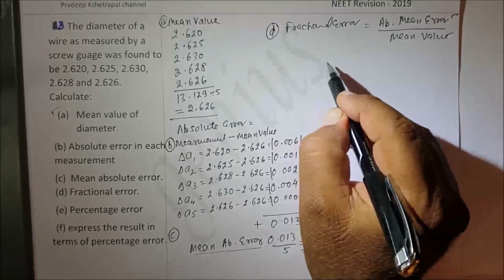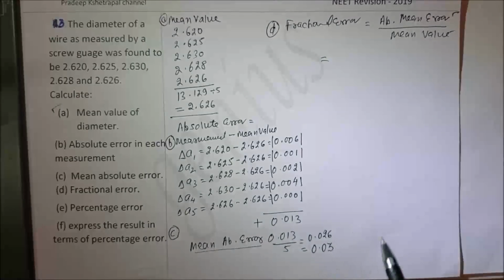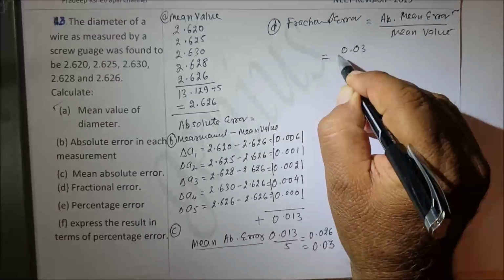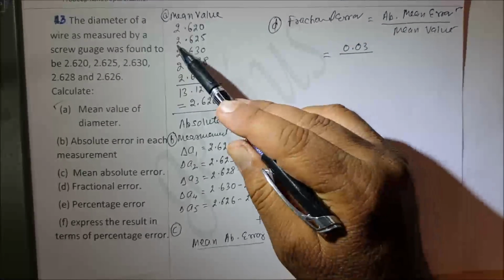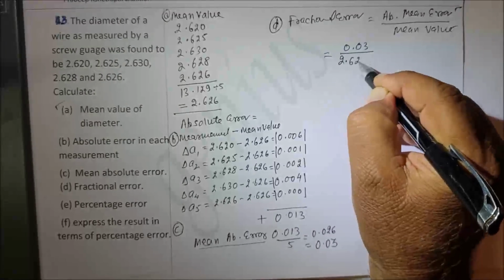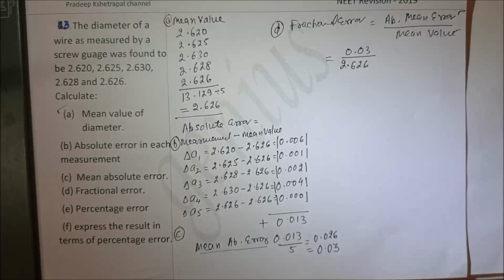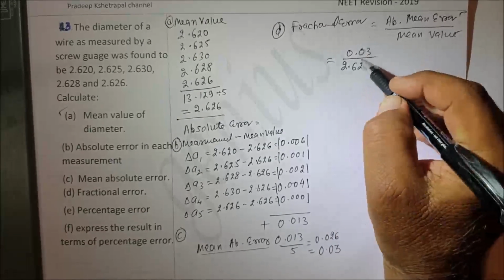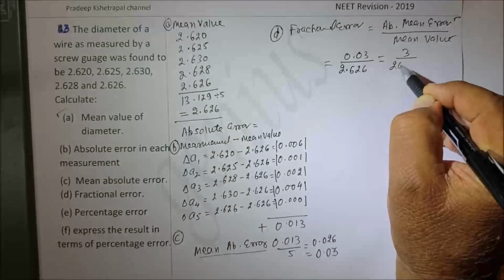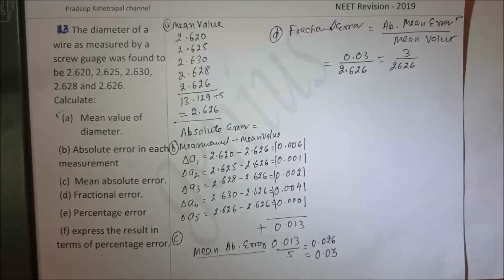So this comes out to be absolute mean error, we have got 0.03, and mean value is 2.626. This is the fractional error. Okay, so if we want to remove the decimal, it will be 3/2626. This is the one, right.